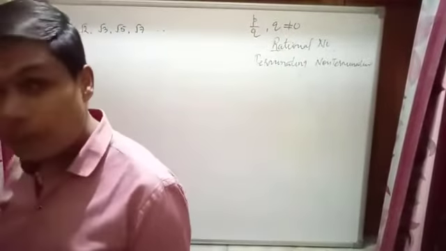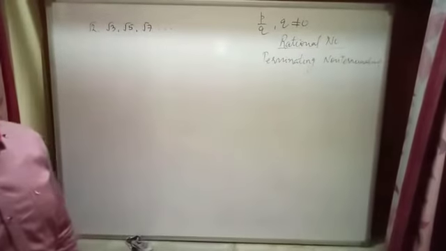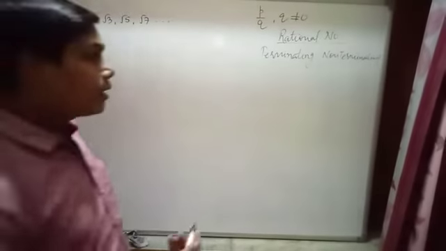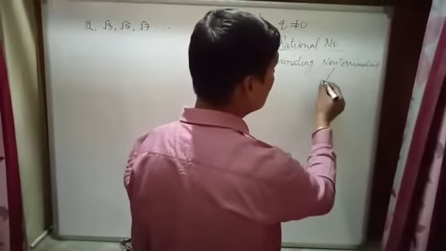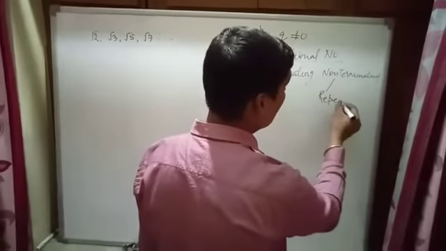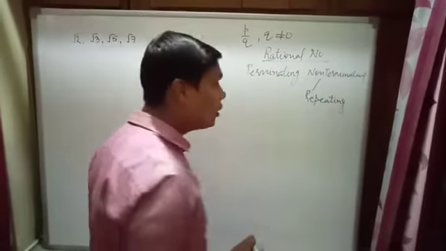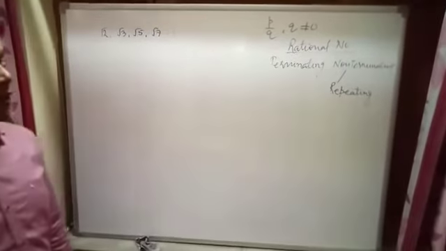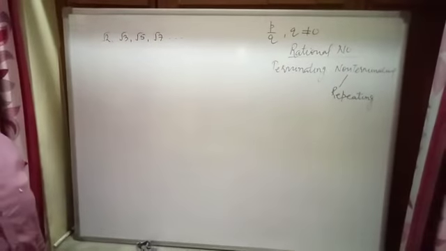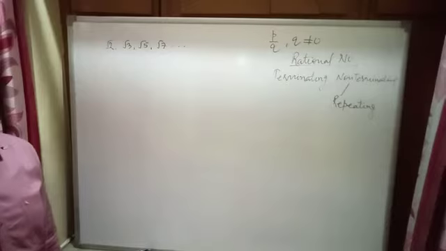Terminating means completely divisible. Non-terminating means not divisible. In the non-terminating, there are repeating terms. It is non-terminating, but after a certain number of steps, we get the same value which we divided at the start.